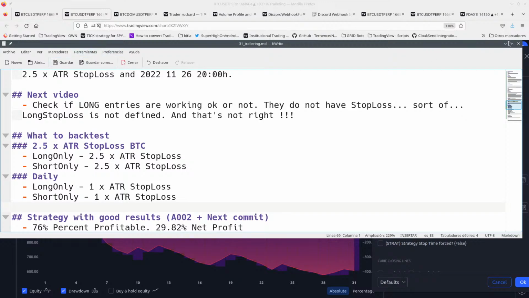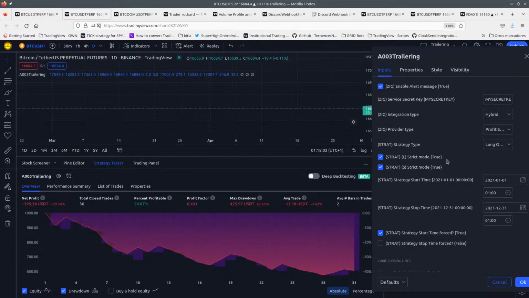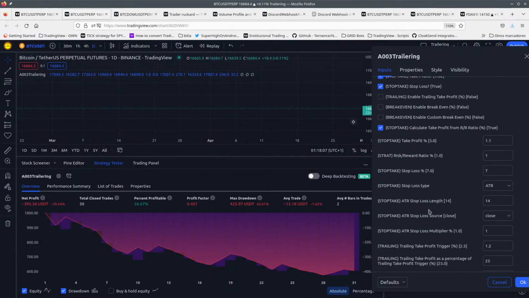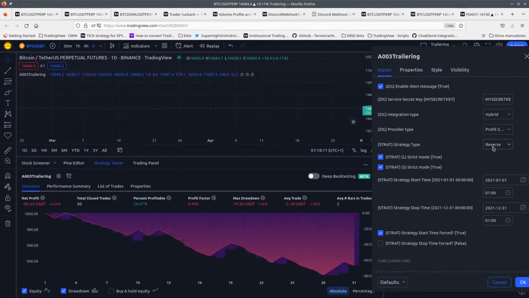Okay. Which is by default we have 1 ATR and we choose long only.